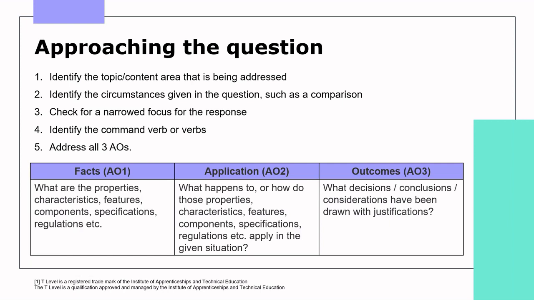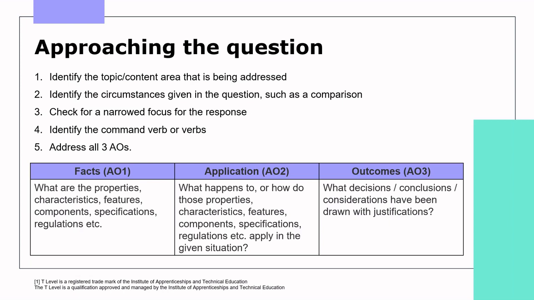Step three is to check if there is a particular focus that is being asked for. For example, if security was the circumstance of the question, then check to see if there's a particular focus, such as data security, virus and malware security, etc. If there is a narrowed focus, then the answer should revolve around that focus only.